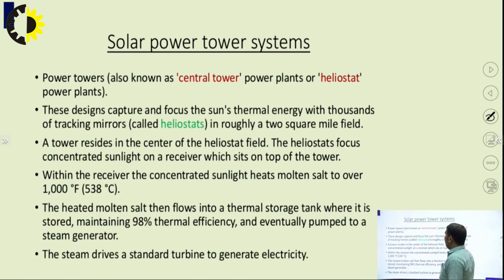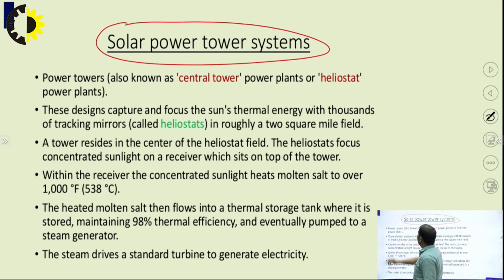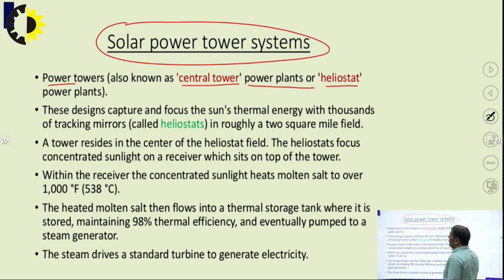The next type is the solar power tower system. They are also known as central power towers, power plants or heliostat power plants.